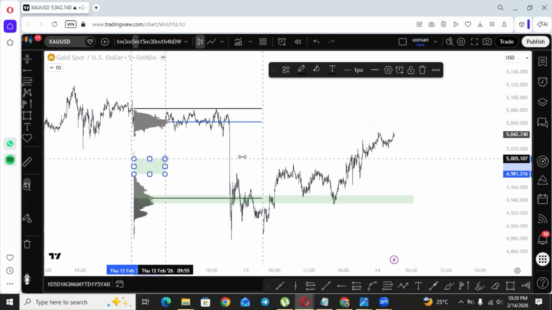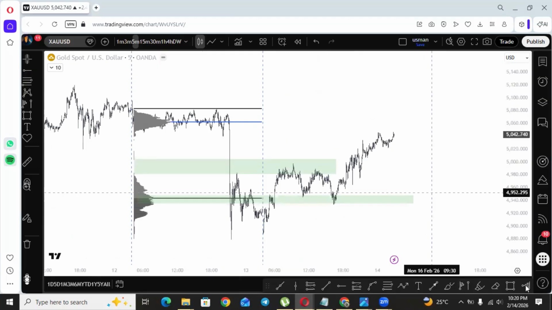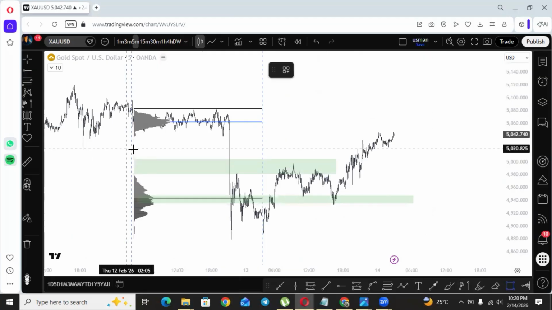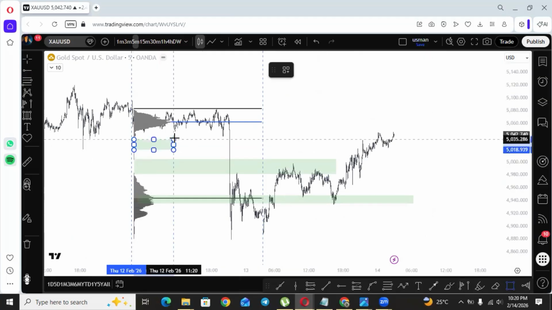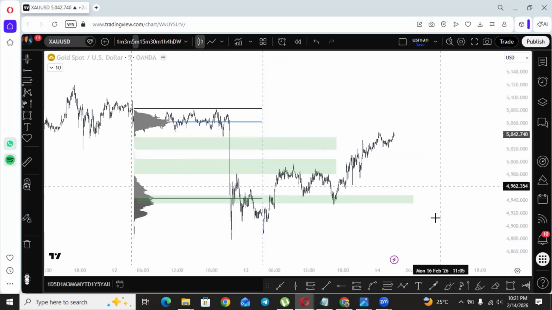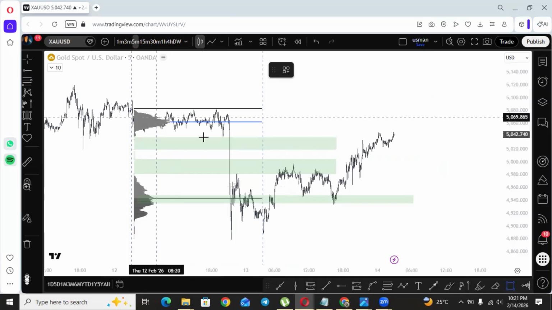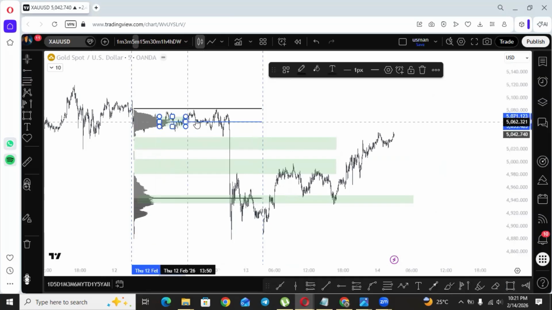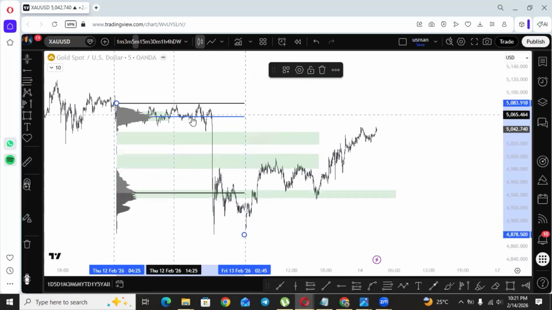These are the actual fair value gaps. If you are an ICT trader, you need to know. Basically, we call them low volume nodes, where there is no volume traded, and this last area.